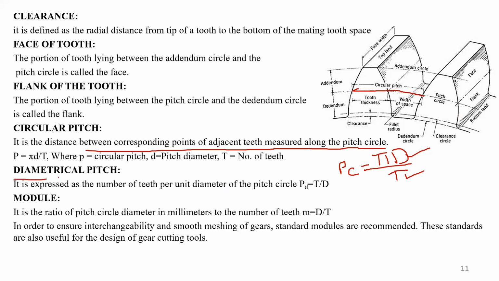And what is a diametral pitch? Diametral pitch is the number of teeth per unit diameter of the pitch circle. So PD is equal to the total number of teeth divided by the diameter of the pitch circle.